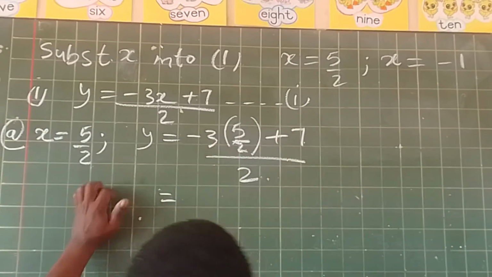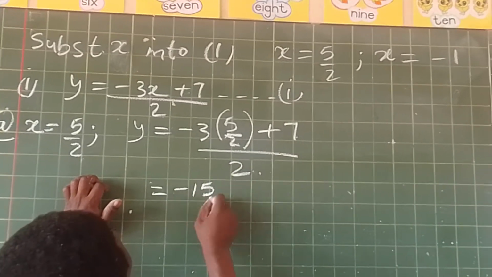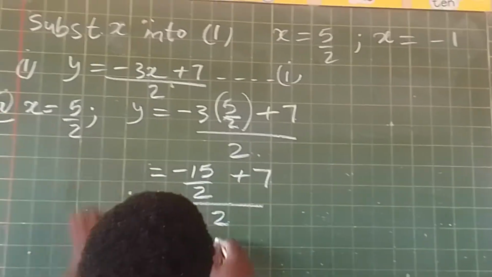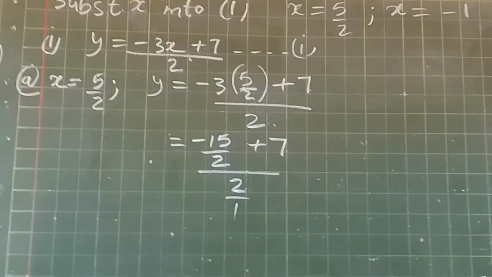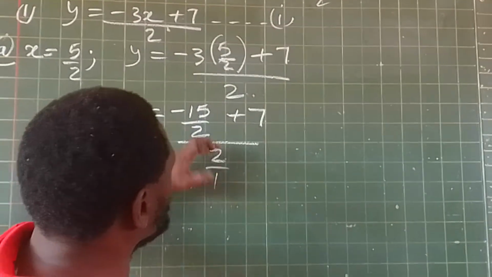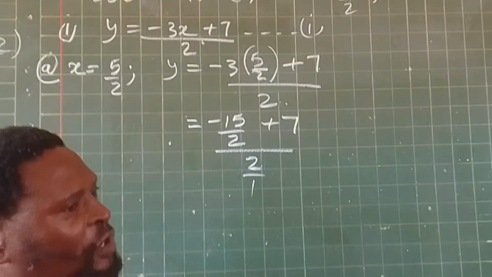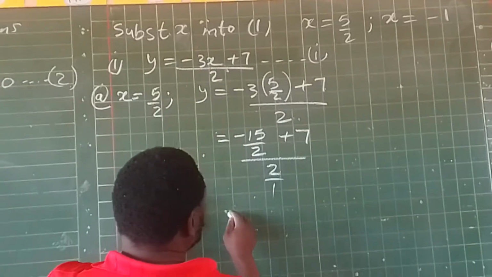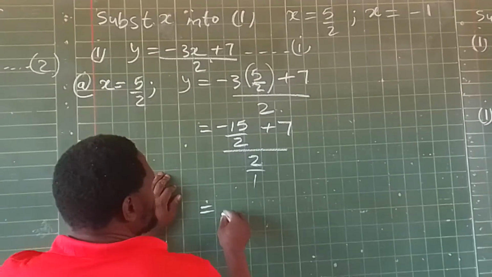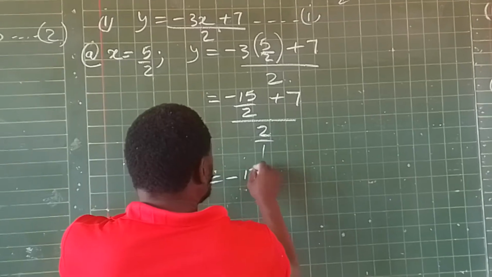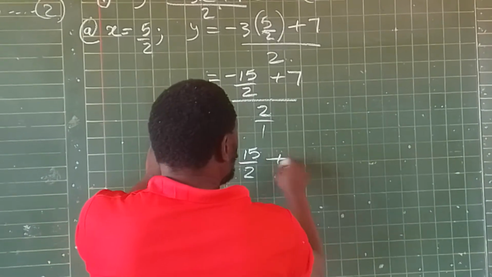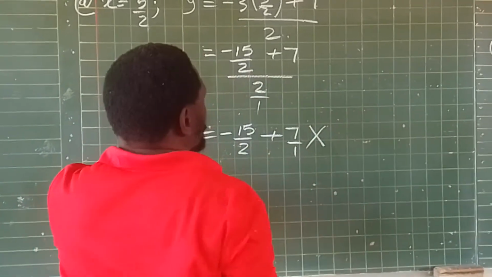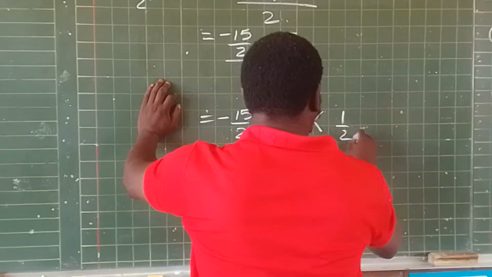Minus 3 times 5 is minus 15 over 2 plus 7 over 2. This 2 is over 1, remember? Now if we flip them, we change the division into multiplication, which is going to be minus 15 over 2 plus 7 over 1 multiplied by 1 over 2.